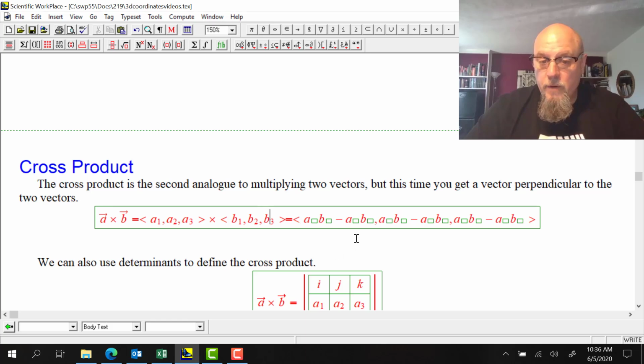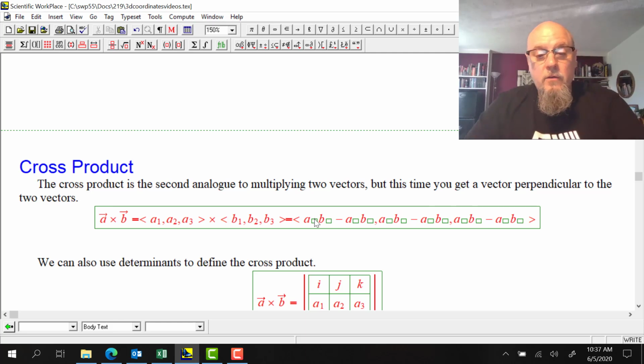Rather than just throw down the formula, I want to find a pattern to it, because it's a complicated formula to remember if I don't think about it in terms of a pattern. The first component, before the comma, doesn't have any 1s in it. It only has 2s and 3s, so it only has to do with A2, B2, A3, and B3.